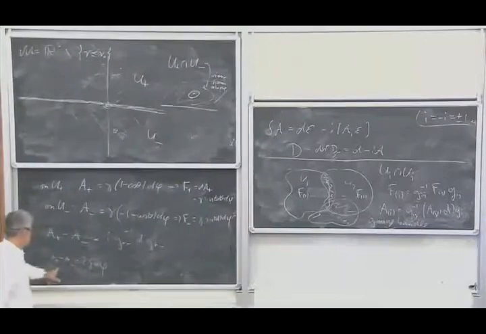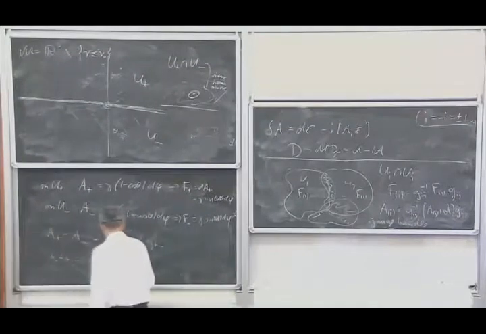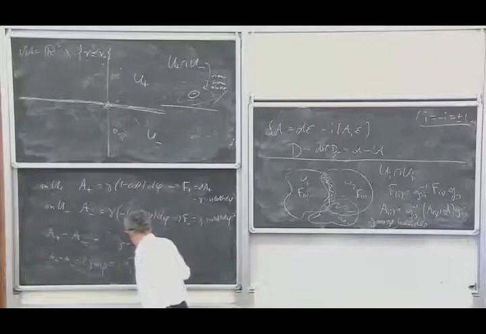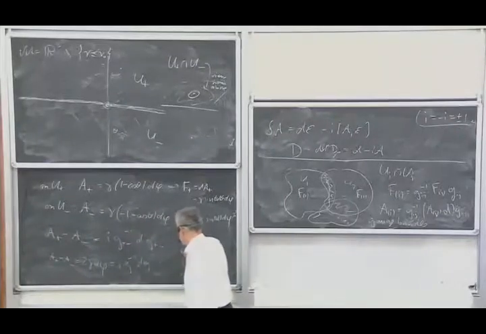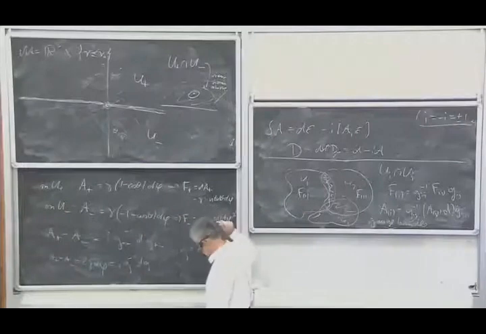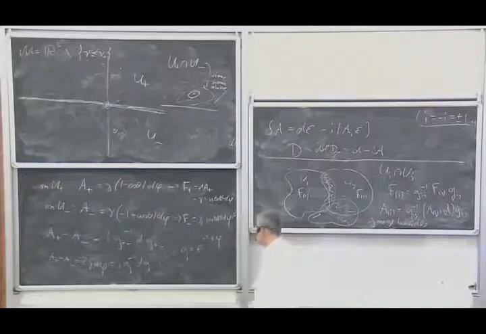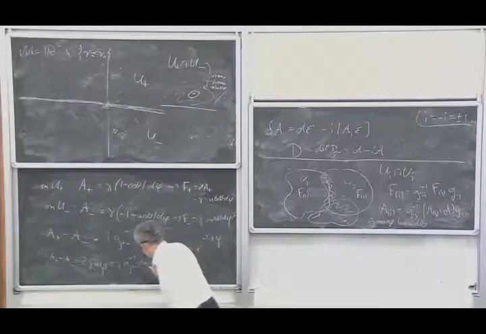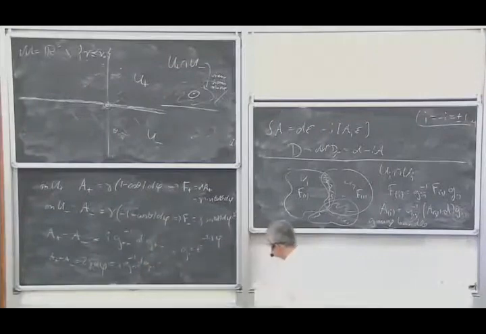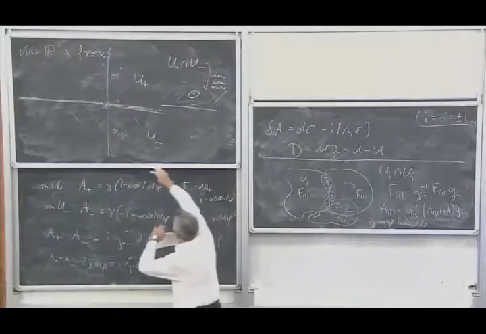Okay, and this should be i G minus 1 dG. So G must be e to the, what is it? Minus 2i gamma phi, right? Yes, minus 2i gamma phi. That's my G plus minus.